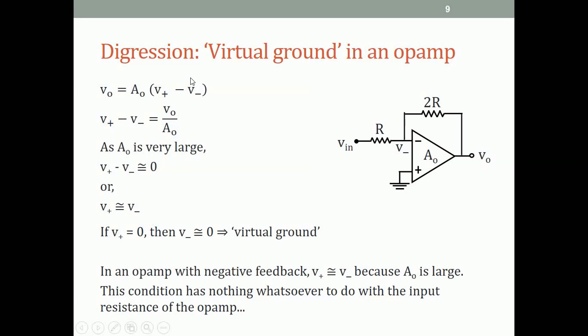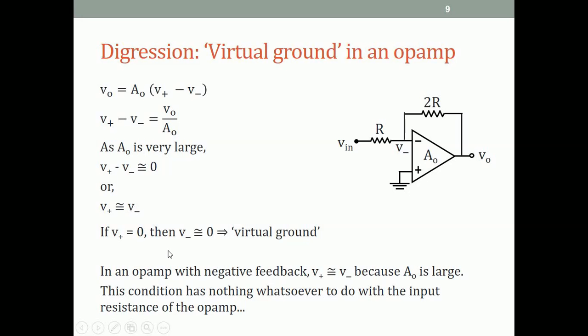The other thing is, V plus equal to V minus is valid only when the circuit has negative feedback. If the circuit does not have negative feedback, or it's an open loop configuration, let's say I remove the 2R, there's nothing connected between the output and the negative input, then of course V plus is not equal to V minus. The virtual ground, or V plus equal to V minus, is valid only in op-amp circuits that have negative feedback and when the open loop voltage gain is large. Please remember this forever and ever.